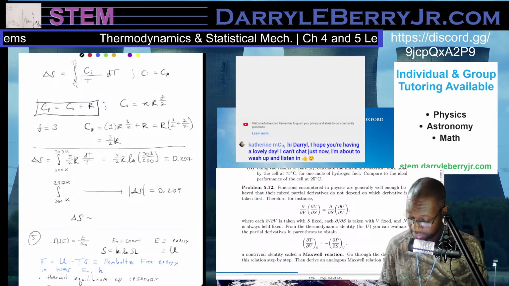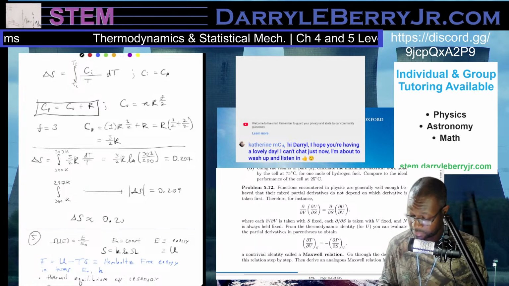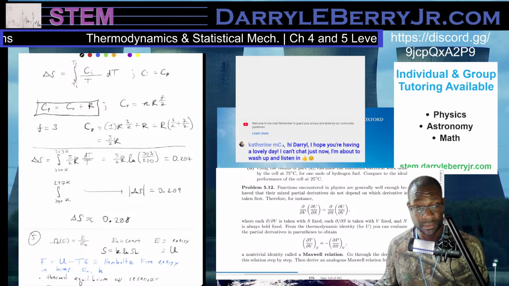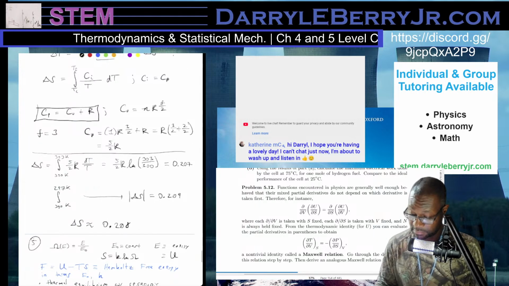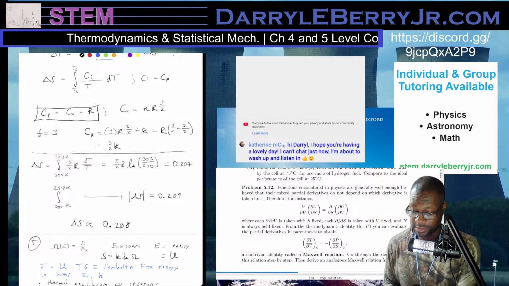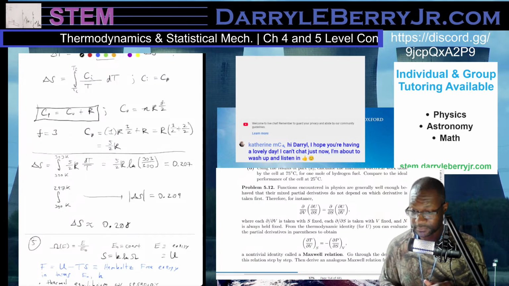So change in S is about 0.208, and that should be the right answer. I have to remember what Cp is, which I've already added to my new formula sheet.